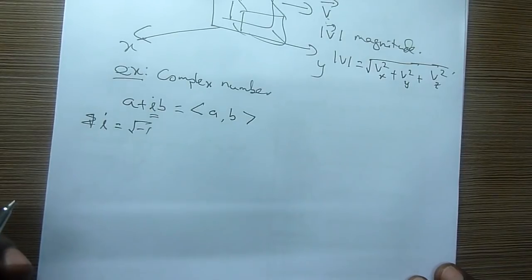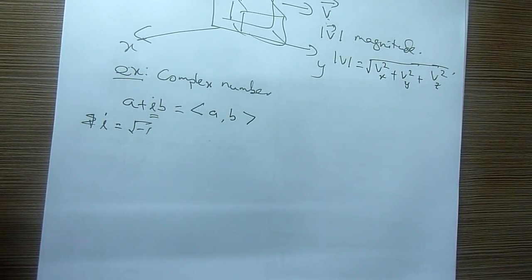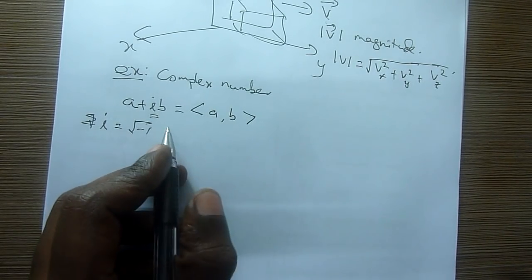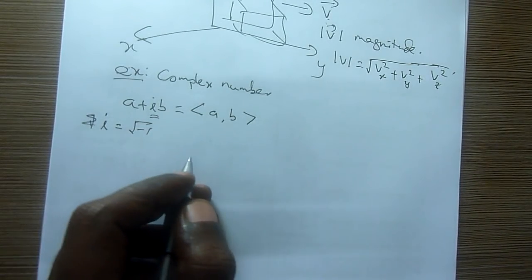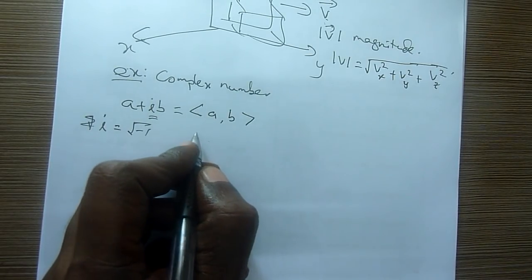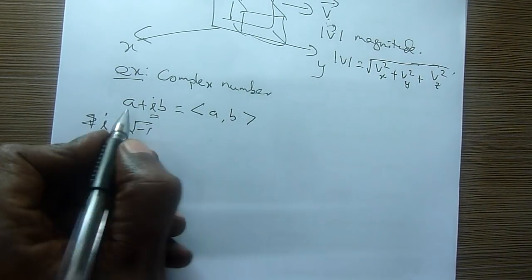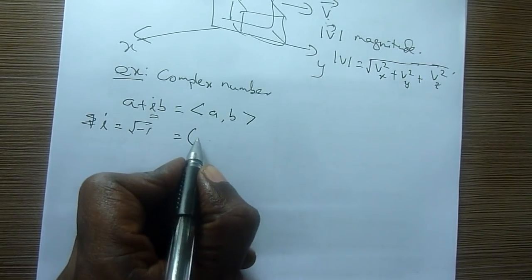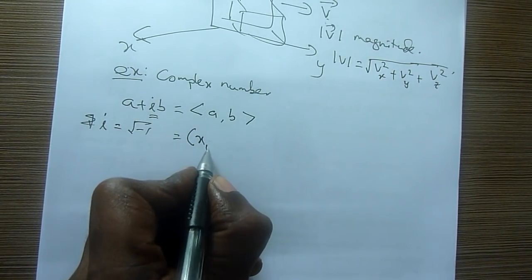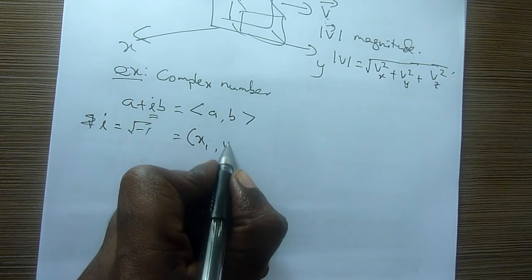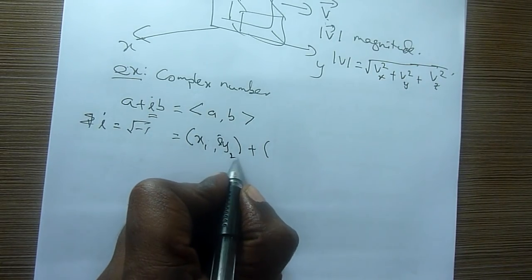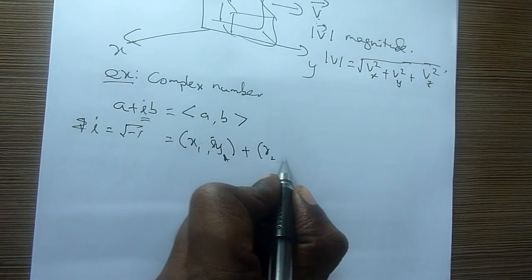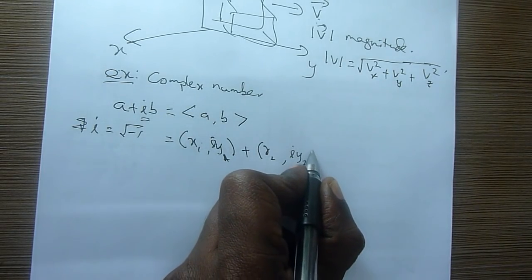Now, how do we add vectors? For example, in this particular case, I may write x1 + i y1, plus x2 + i y2.